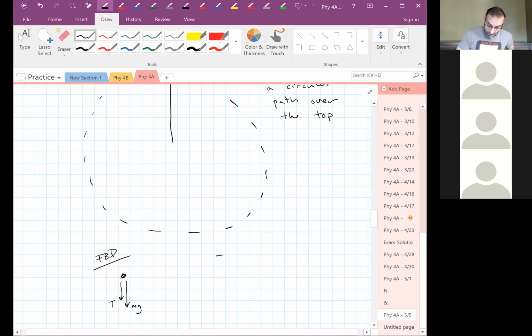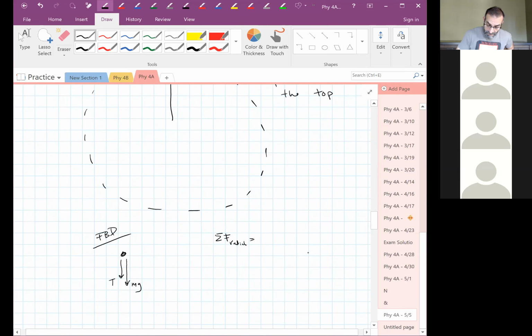We say the sum of the forces in the radial direction has to be m times a centripetal: tension plus mg equals m v squared over r.